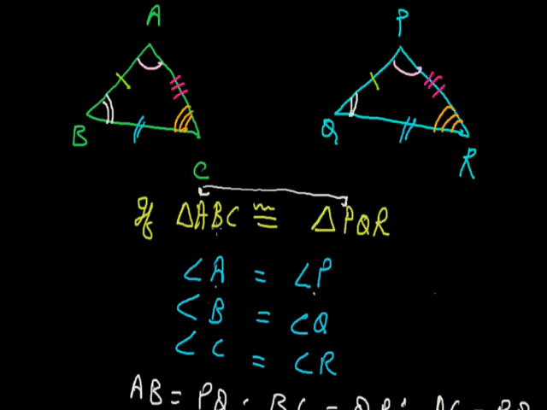Similarly, the place of B and Q must be the same since they are correspondingly equal. Then angle C is equal to angle R, therefore the place of R must be the same as the place of C. Then only we can say the two triangles are congruent.